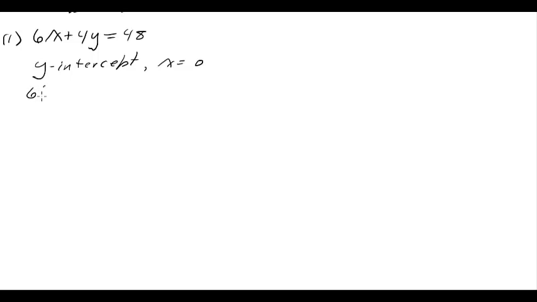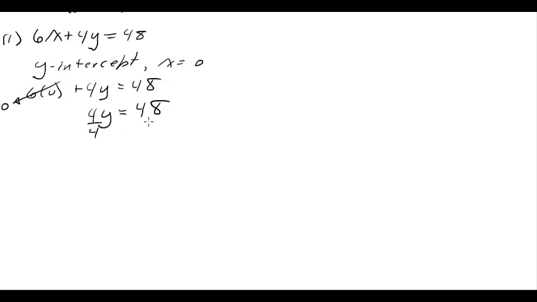So we have 6 times 0 plus 4y equals 48. 0 times 6, 0 times anything for that matter, is 0. So when we multiply anything by 0, 0 becomes the great destroyer. And in this case, it kills that term, and we're left with 4y equals 48.